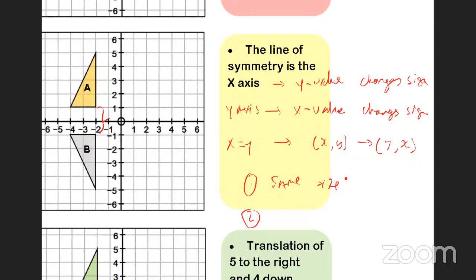The angles in the triangle stay the same, but something else very important: they are always equidistant from the mirror line. Write it down. Equidistant from the mirror line.